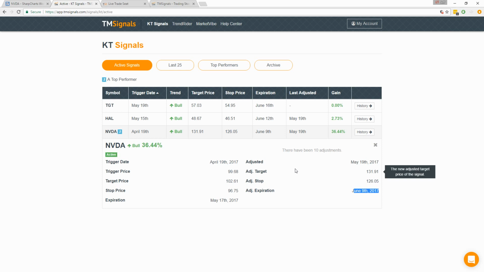These signals have nothing to do with earnings, nothing to do with analyst comments, nothing to do with morning gaps, nothing to do with Donald Trump, nothing to do with Russia, nothing to do with the price of oil, nothing to do with any of that. It is pure price action, and in that it takes the emotion of the market away. And in trading KD signals, right?